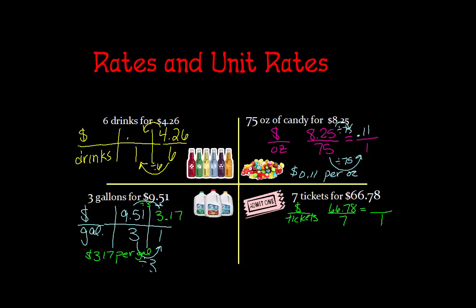So I'm going to divide both the top and the bottom by 7. When I do that, I get 9.54, which means it's $9.54 per ticket.